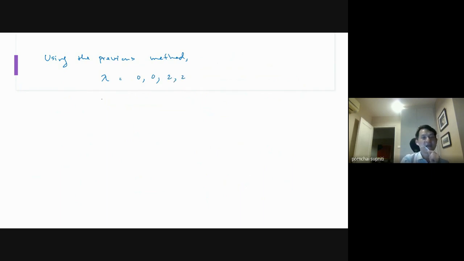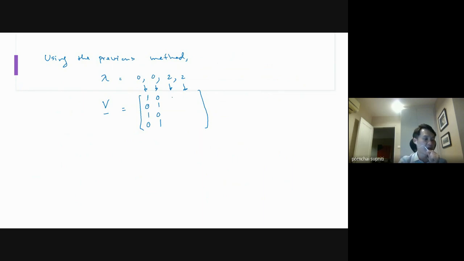Okay. And using the same previous method, you will find the eigenvectors for each eigenvalue, so the two of them are the same, right? So you get 4 columns. Okay. But because they have some free variables, I will choose the values so that they are orthogonal. So I choose 1, 0, 1, 0, 0, 1, 0, 1.